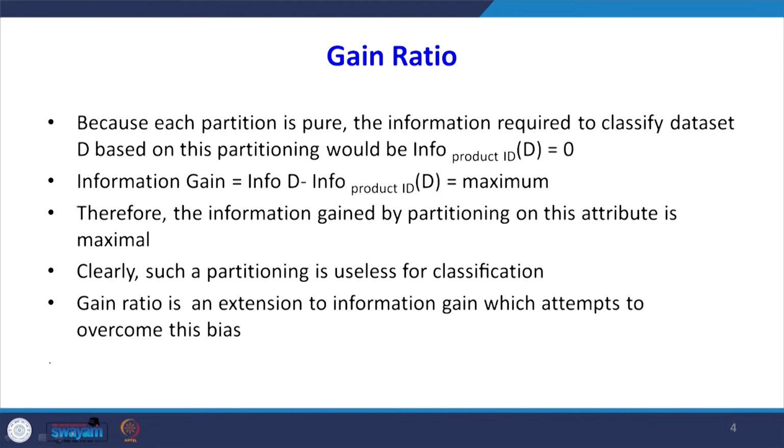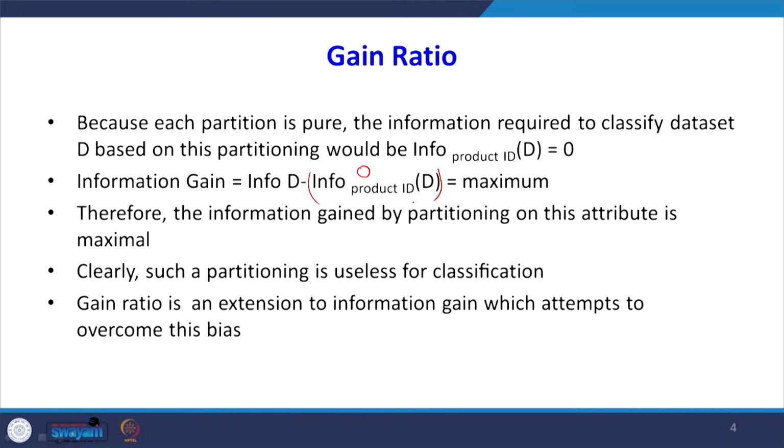We know the formula for information gain is Info(D) minus Info product ID(D), and because this value is 0, the information gain will be maximum. Clearly, such partitioning is useless for classification, because there is one element in each partition.